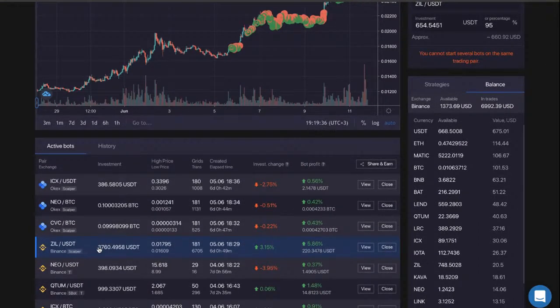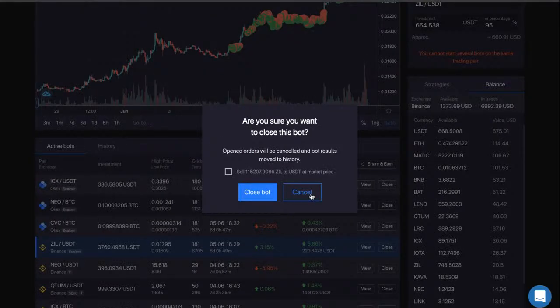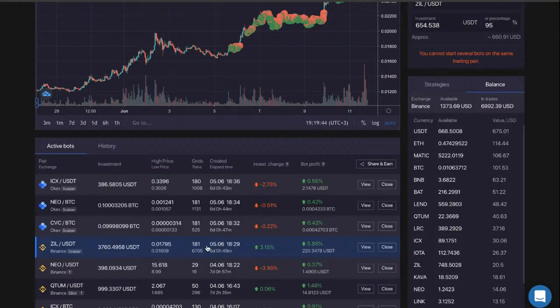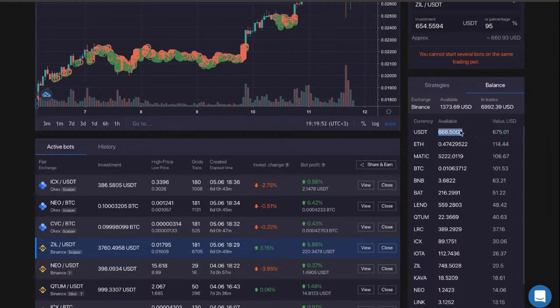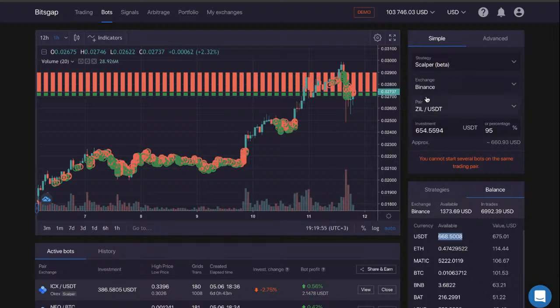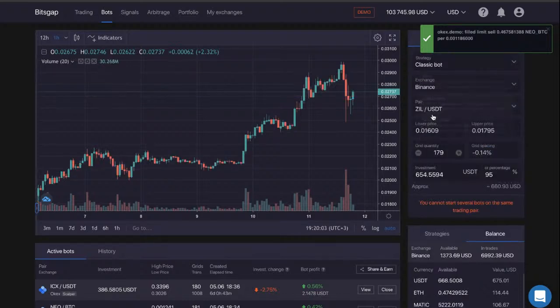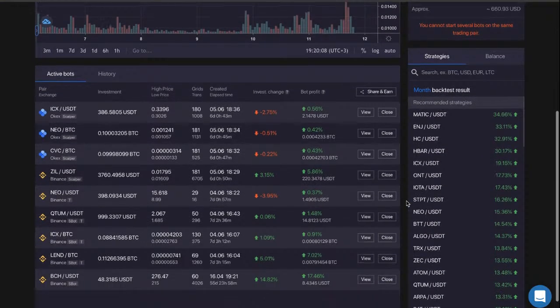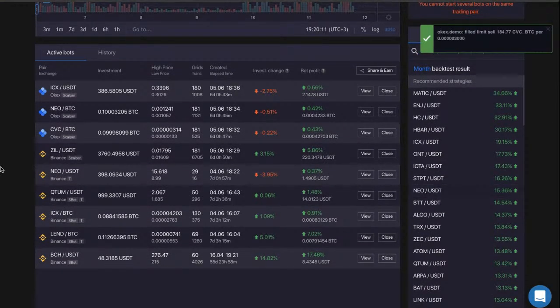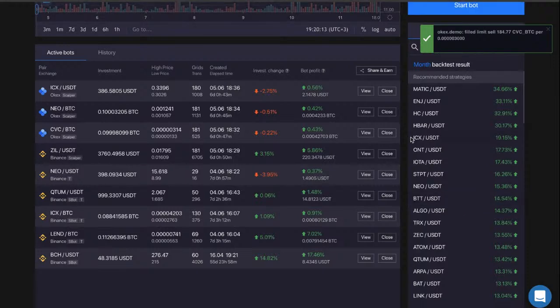But let's assume that it's no longer relevant to me, then by clicking on close, I would easily get my 3,700 plus the profit that I've generated added to my available USDT, and then I would be able to launch new bot with new investment allocation. Let's click back to the classic bot and choose, let's say, Neo trading to, no, actually I have Neo, maybe BTT trading to USDT.